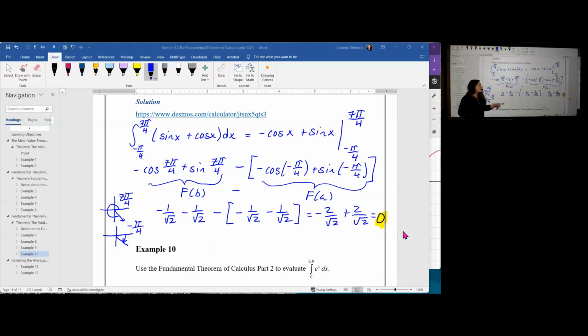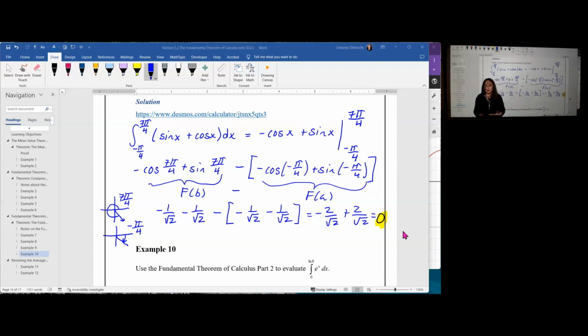When I evaluate the sine and cosine, remember that 7π/4 is found by going counterclockwise 7π/4 units, which puts you halfway through quadrant 4. When you evaluate -π/4, starting from the positive x-axis, you simply move backwards π/4 and end up in the same location, which means that when we substitute these in, we get the same value, but because of the subtraction, they cancel.